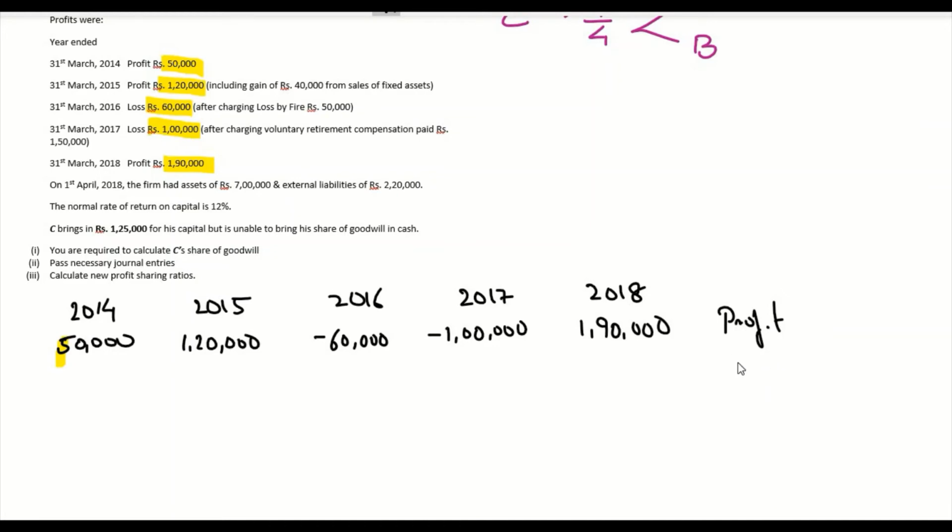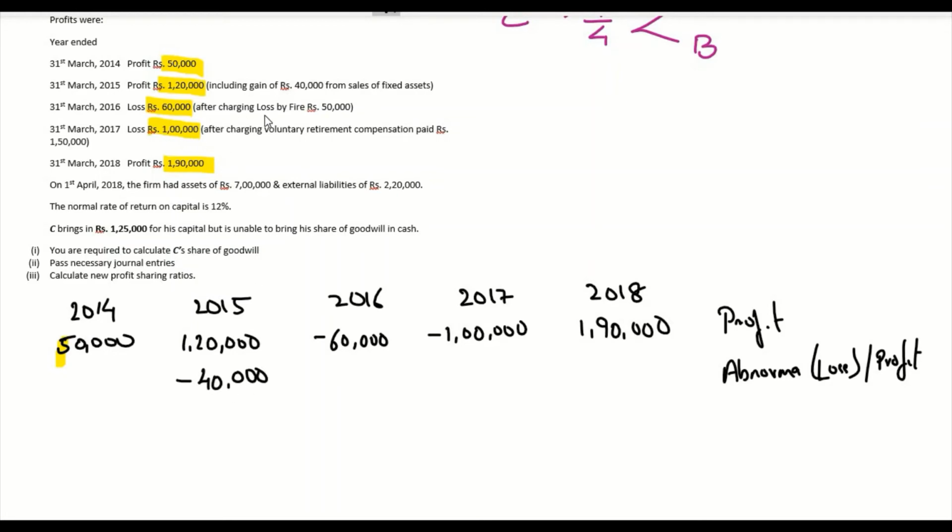There is abnormal loss or profit. We need to adjust abnormal loss or profit every year. In 2015, there is an abnormal gain of 40,000, which means we have to minus this 40,000 from the profit.